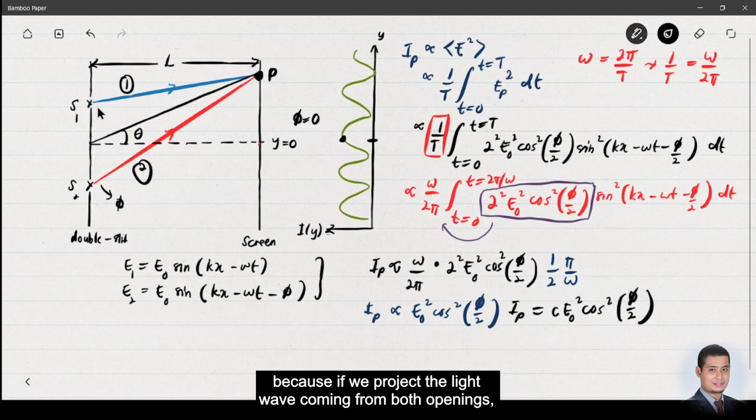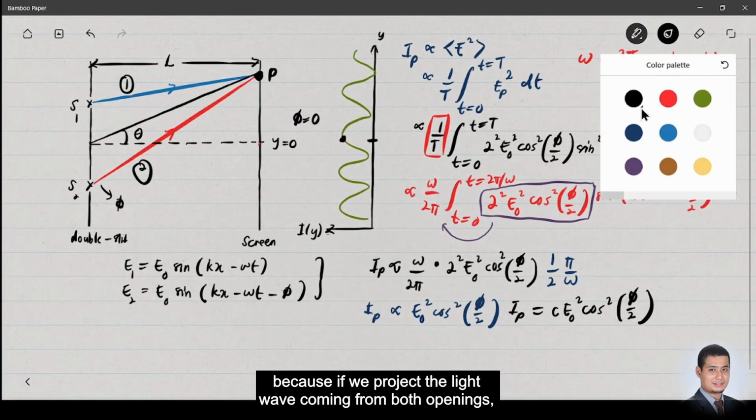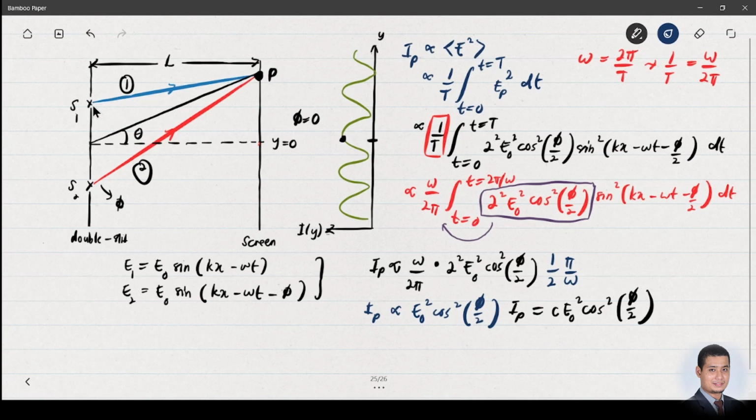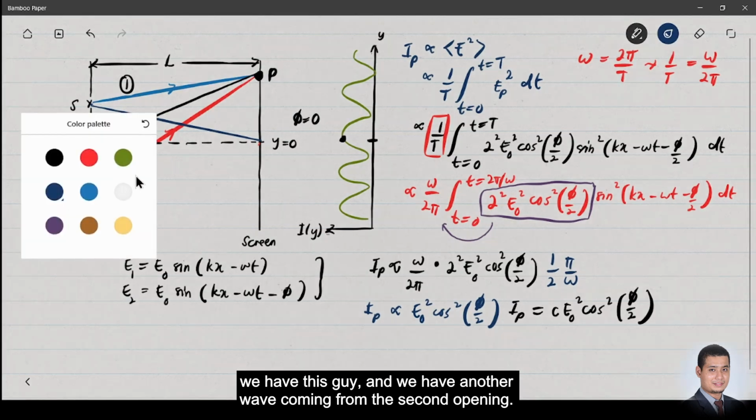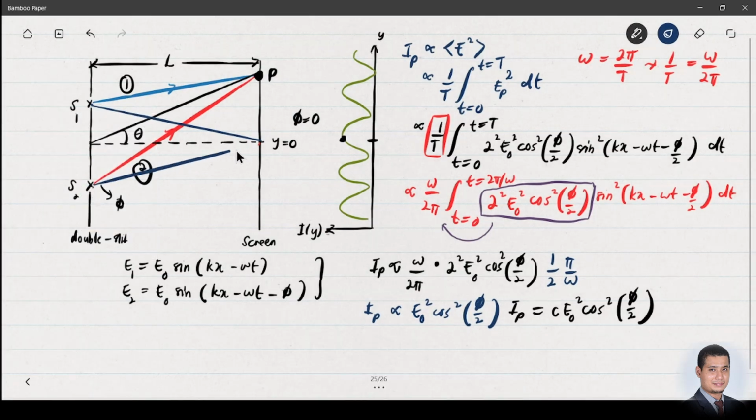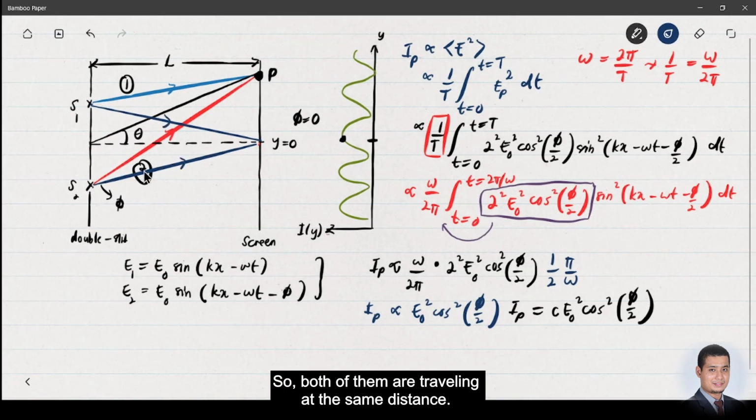Because if we project the light wave coming from both openings, we have this wave, and we have another wave coming from the second opening. Both of them are traveling the same distance, so essentially the phase difference is equal to 0.